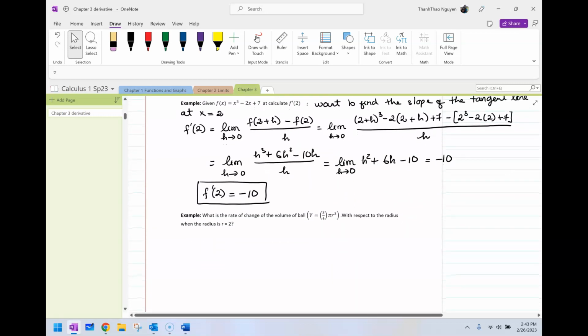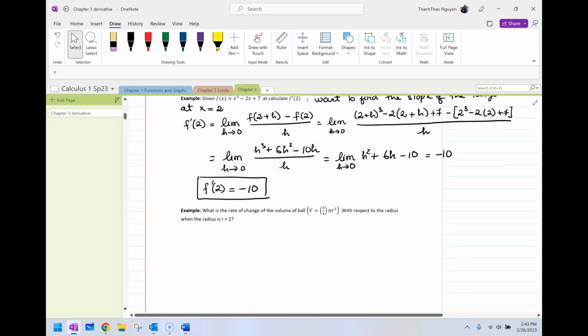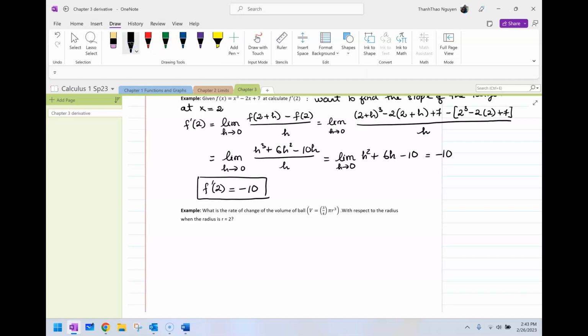What is the rate of change of the volume of the ball given by the function with respect to the radius when the radius is 2? So again, here we want to evaluate the derivative of V as a function of r when r equals 2. So what we are looking at is we want V prime of 2.